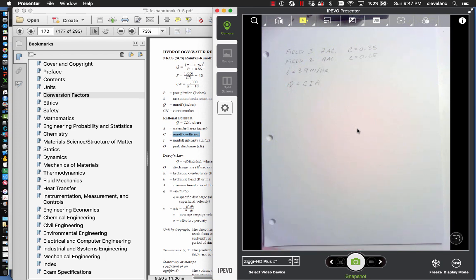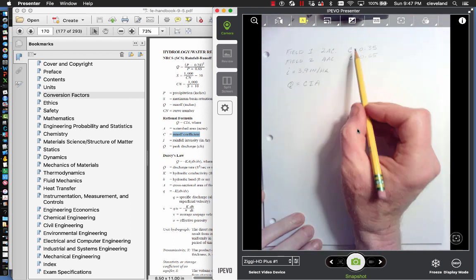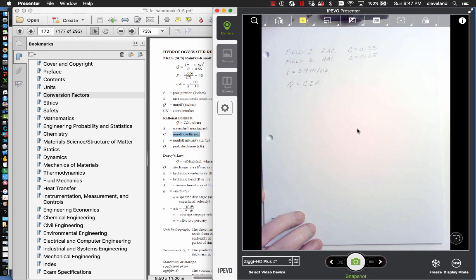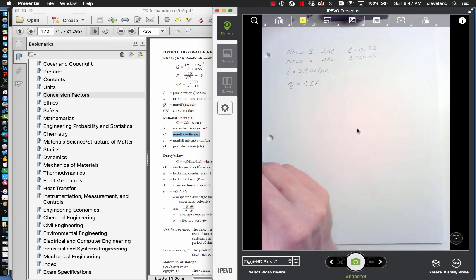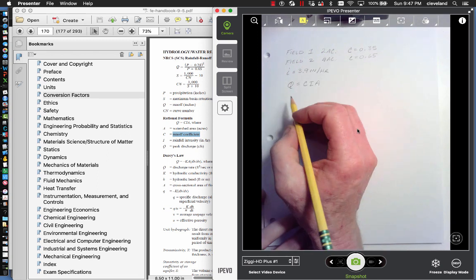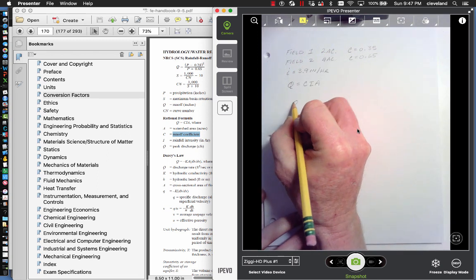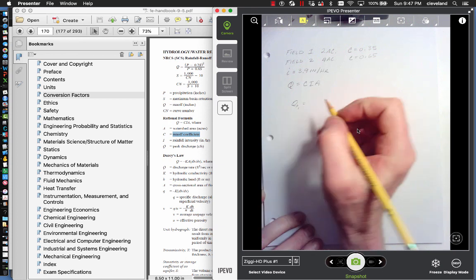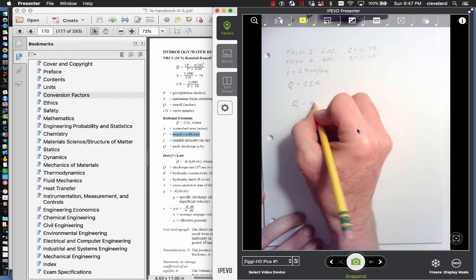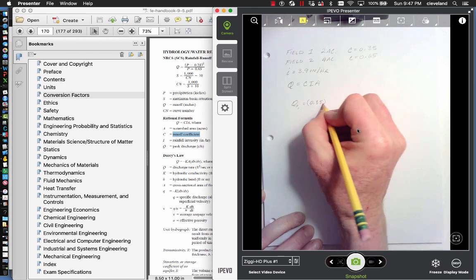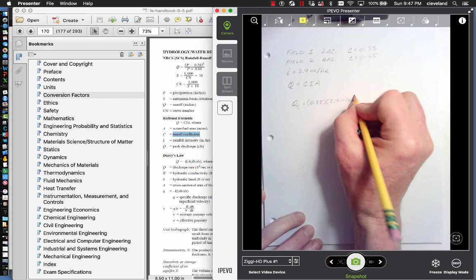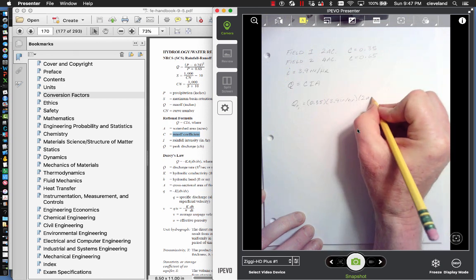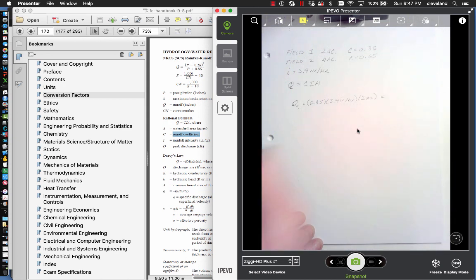Since both these fields drain to the same collector, we have an option. We could try for a composite runoff coefficient, or we can calculate the flow from field 1, the flow from field 2, and add them together. I'm going to try that first. So we have Qp from field 1 equal to 0.35 times 3.9 inches per hour times 2 acres, which will equal something.